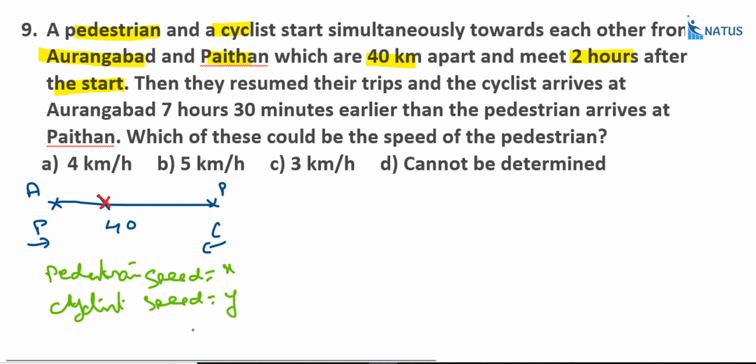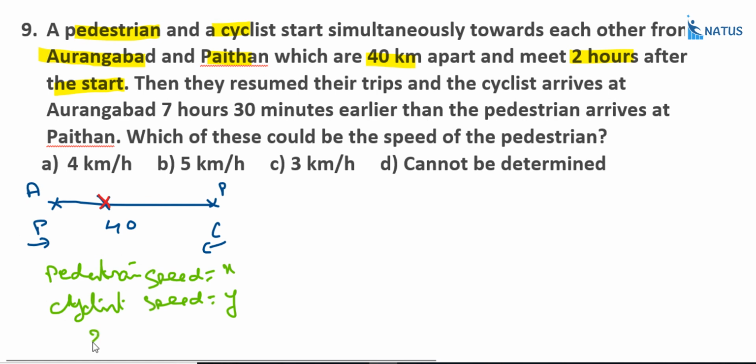How much time is taken to cover this point? 2 hours. In 2 hours, he covers how much distance? That is equal to 2x. And the cyclist covers y per hour, in 2 hours, so how much distance? That is equal to 2y.